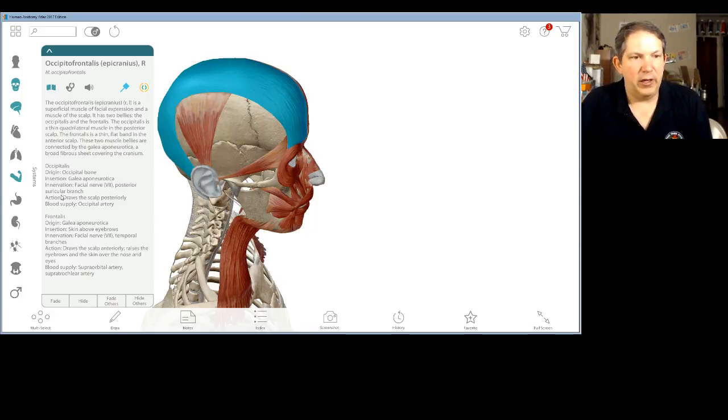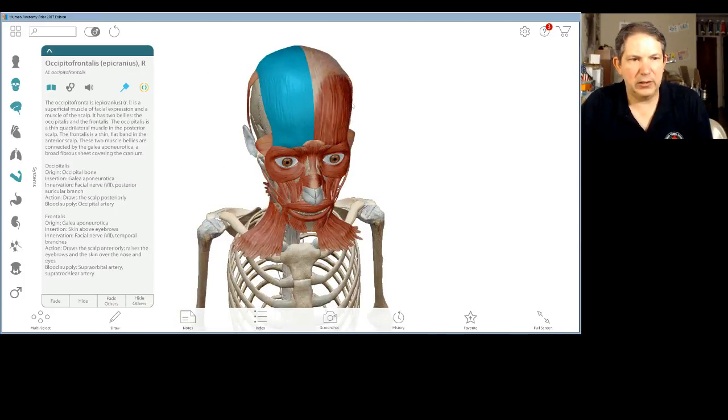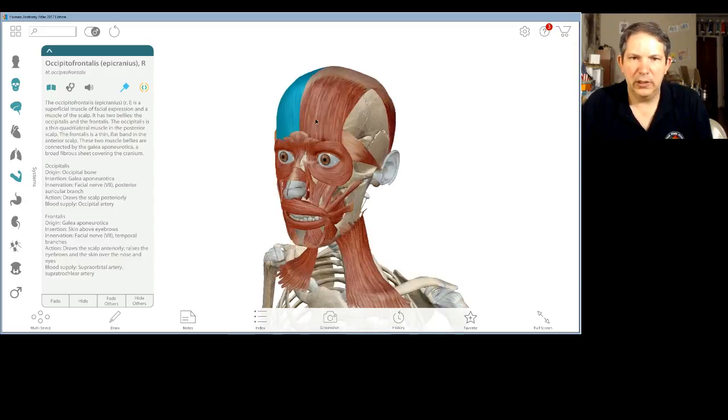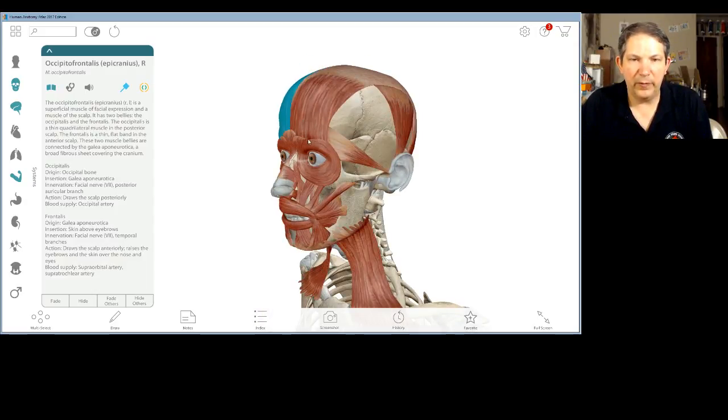This will give us our innervation, the action, the blood supply for these muscles. So for the frontalis muscle, the origin is this galea aponeurotica. The insertion is the skin above the eyebrows.